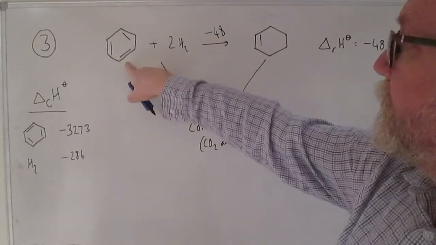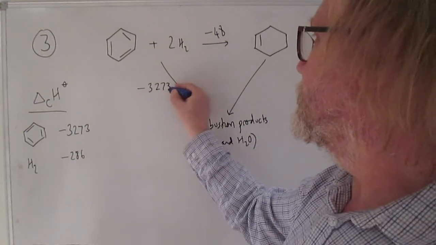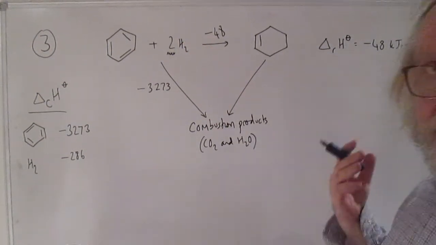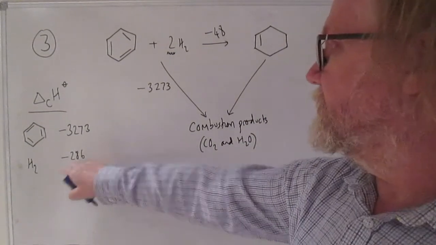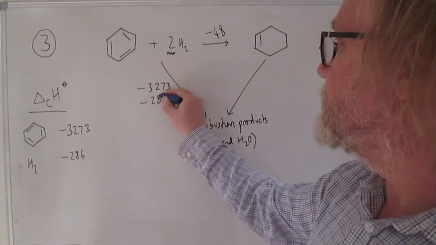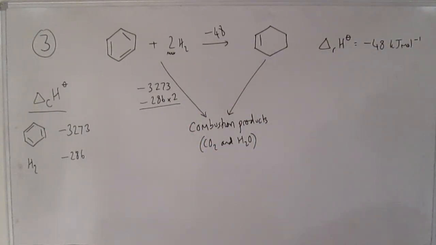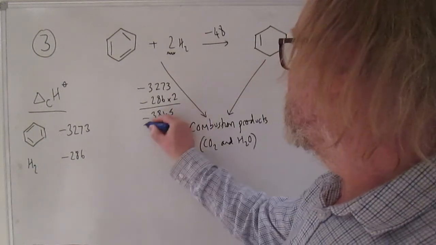Coming down here, if we burn 1 mole of benzene, that's -3273. And we're burning 2 moles of hydrogen. Again, you ignore those balancing numbers at your peril because it will mess your numbers up. Okay, each mole of hydrogen when it burns gives you -286, but you've got 2 moles, so it's -286 times 2. And that lot adds up to -3845 kilojoules going down there.